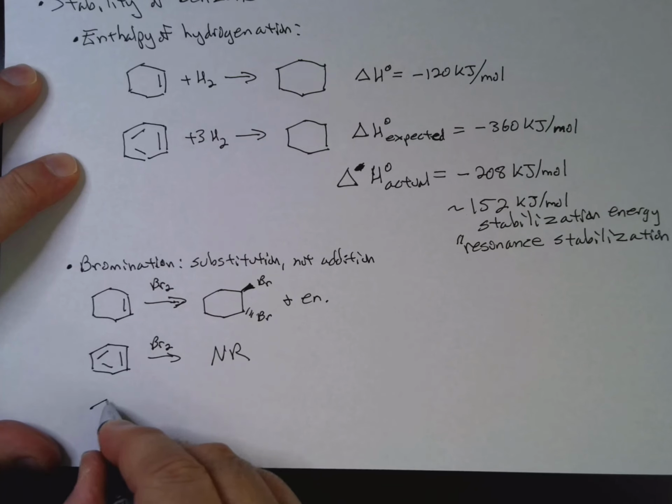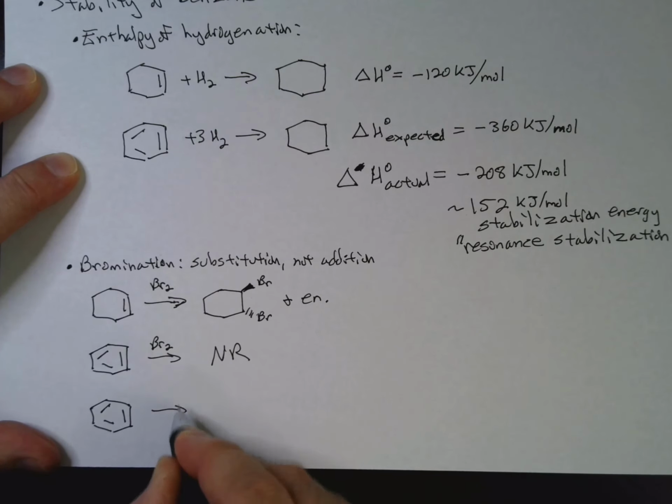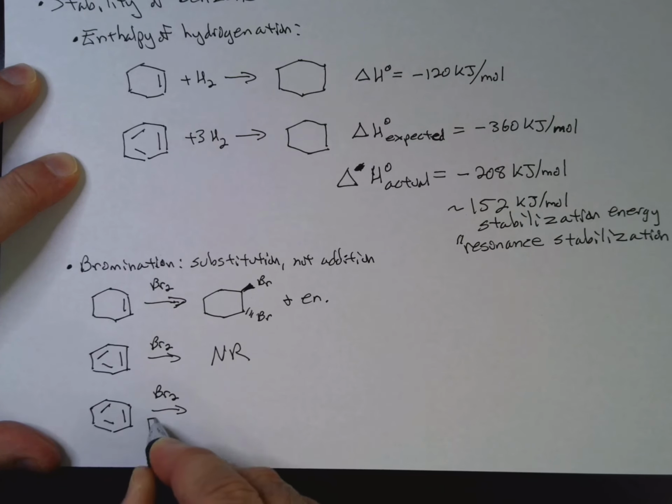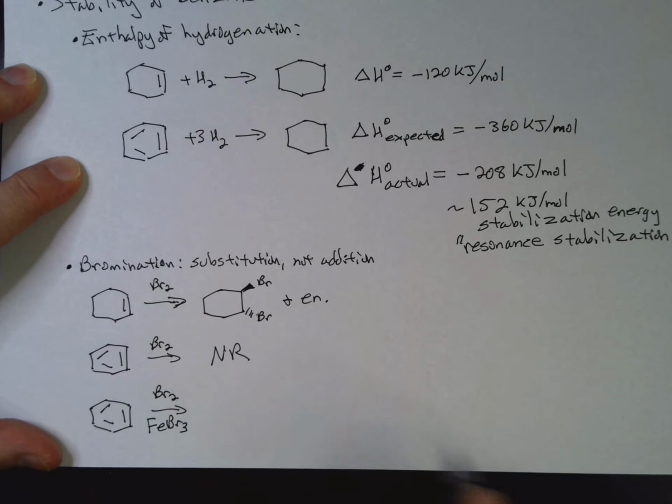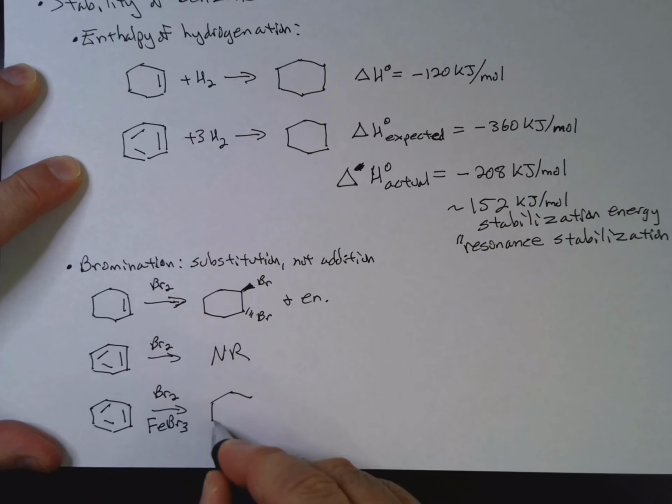Now, we can get a reaction to occur with benzene if we do Br2 and use FeBr3, which is a Lewis acid catalyst. We'll look at this actual reaction in chapter 16.